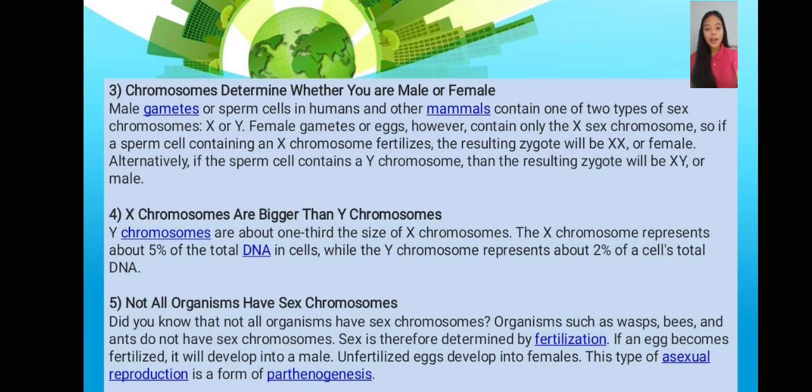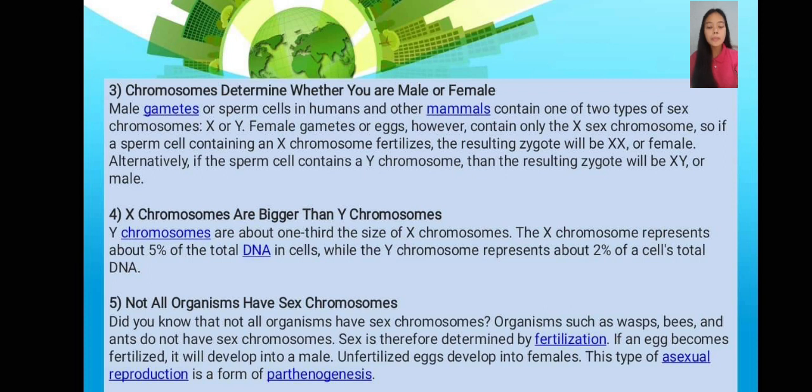Next, number 3, chromosomes determine whether you are male or female. Male gametes or sperm cells in humans and other mammals contain one of two types of sex chromosomes, Y or X. Female gametes or eggs, however, contain only the X sex chromosome.